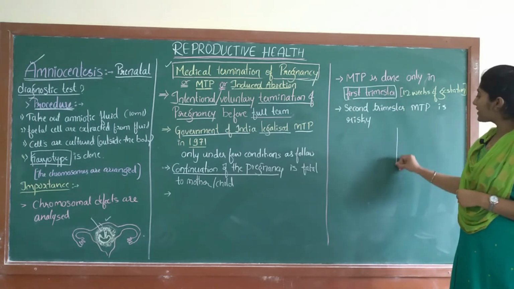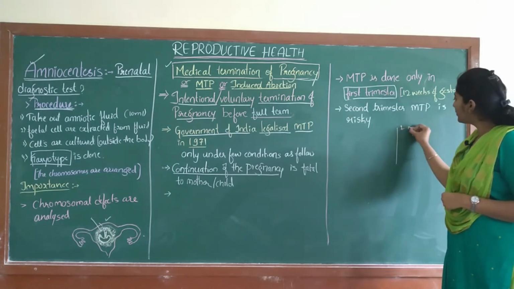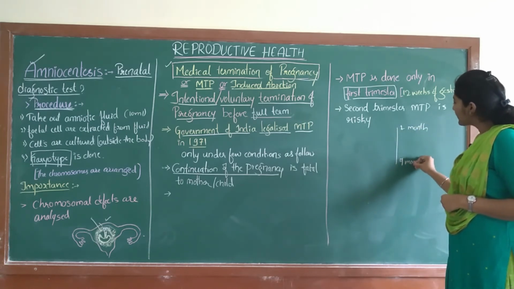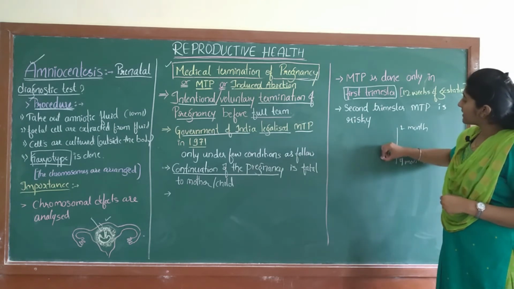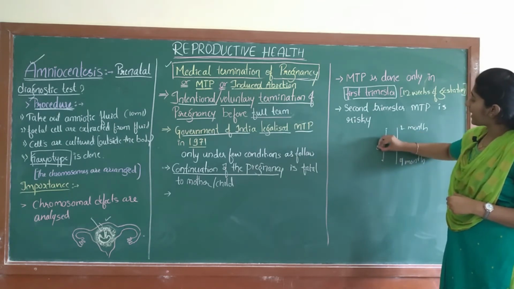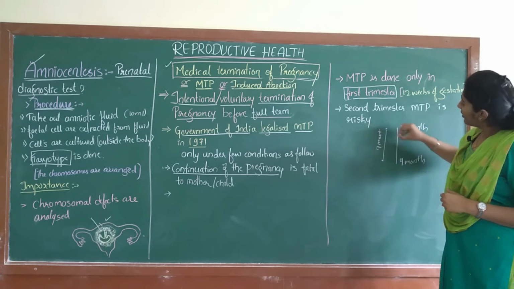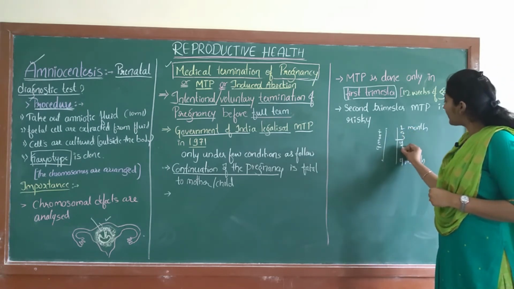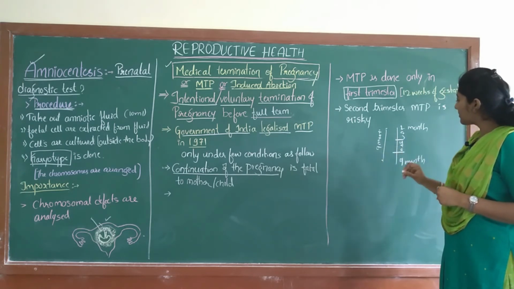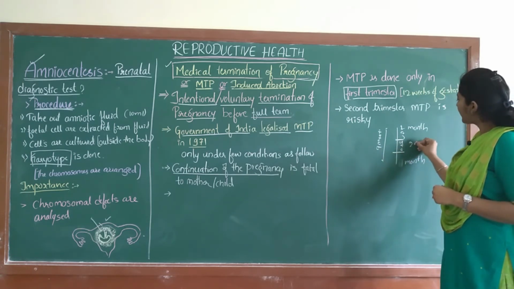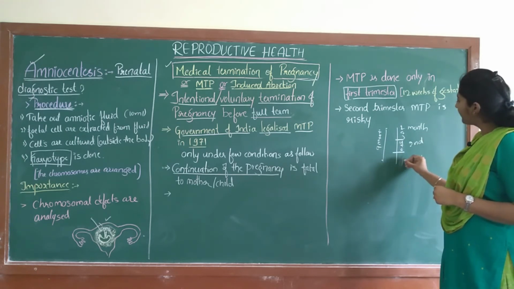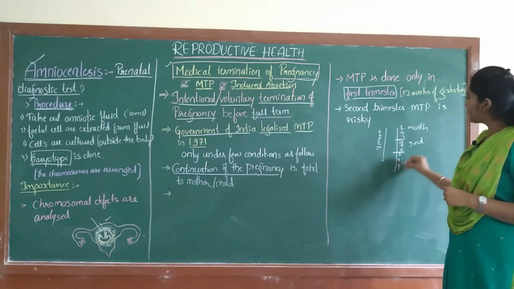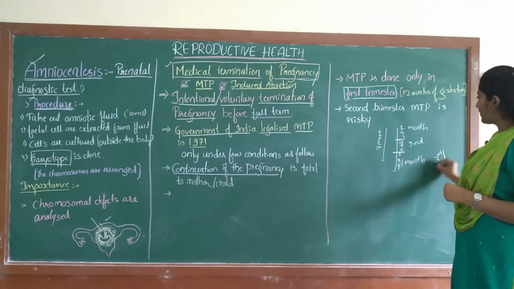The gestation period in humans is 9 months. The first 3 months is the first trimester, the 4th, 5th and 6th months are the second trimester, and the last 3 months, 7, 8, 9, are the third trimester.